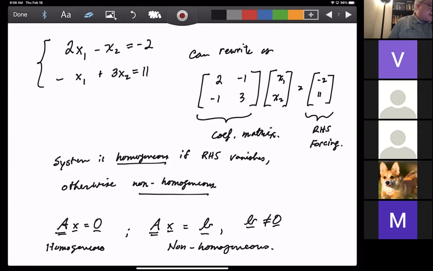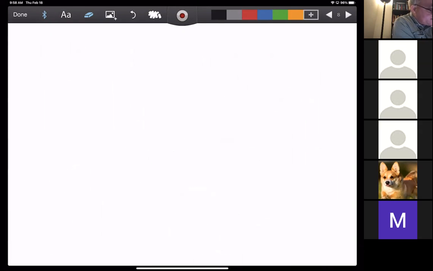Let's say that we solve the second equation for x1, or we could solve the first equation for x2 and plug into the other equation. So from the first of these, we can isolate x2.